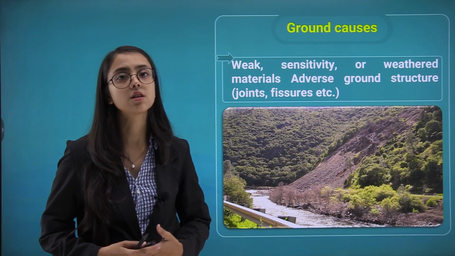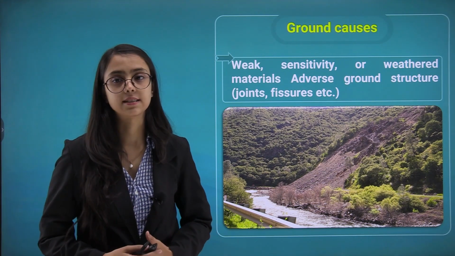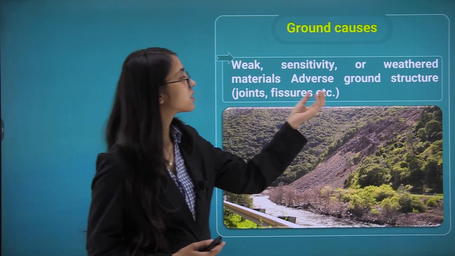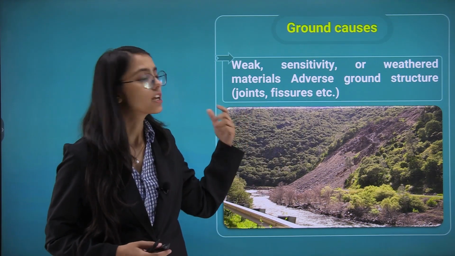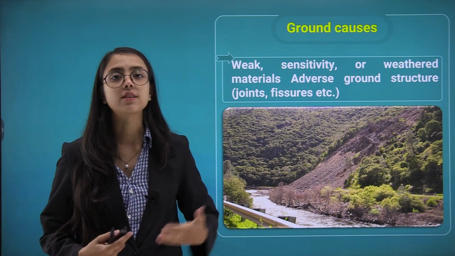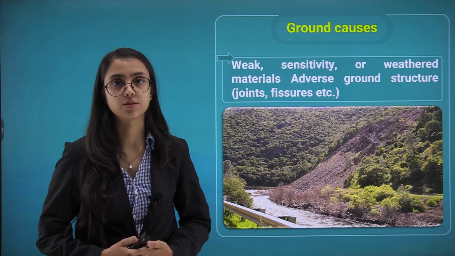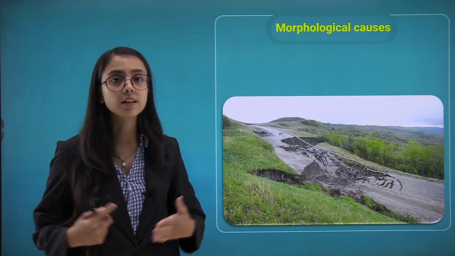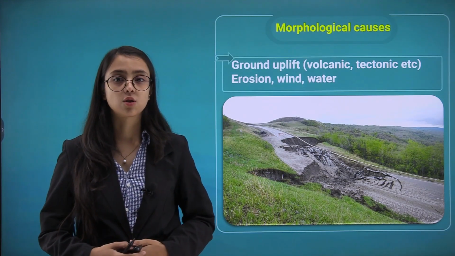This is known as a ground cause of landslide. Adverse ground structures such as joints, fissures, etc., when they result in the occurrence of a landslide, are also known as ground causes.